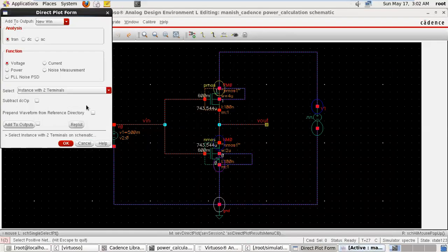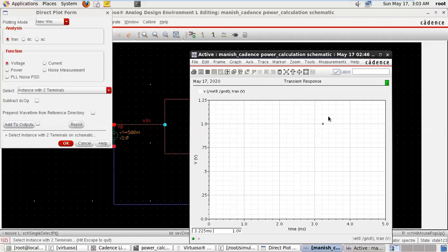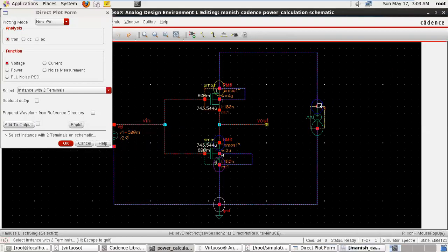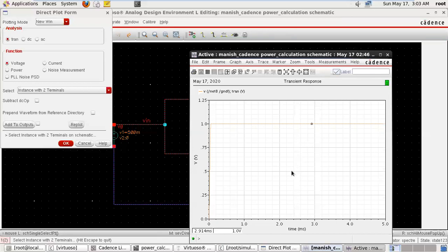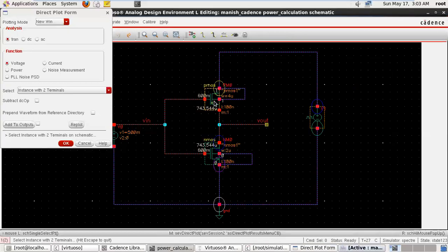Next, instance with two terminals. Because there is only the resistance with four terminals, no device with the two node difference. First we are taking this two-node device, so it is representing the difference of this node, the source difference of this node.